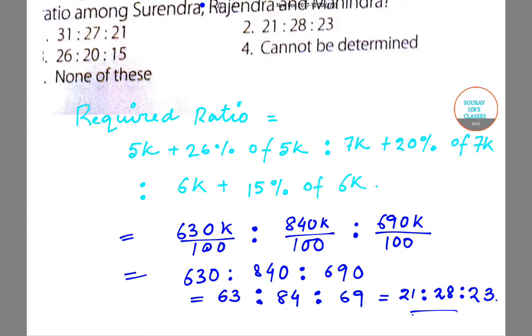So the required ratio is 21 is to 28 is to 23, that is option 2. So here option 2 is our answer.